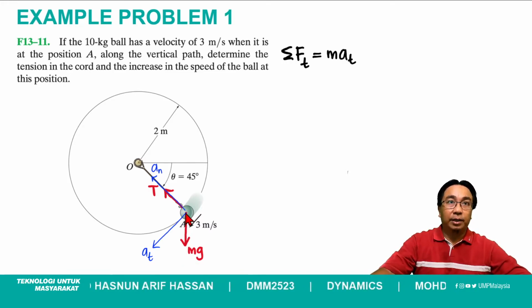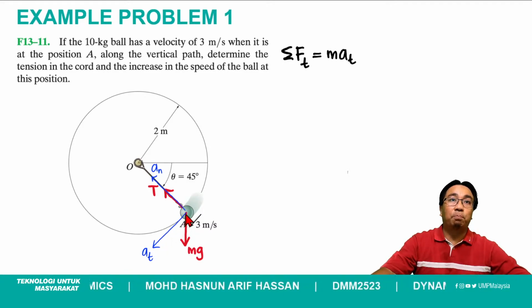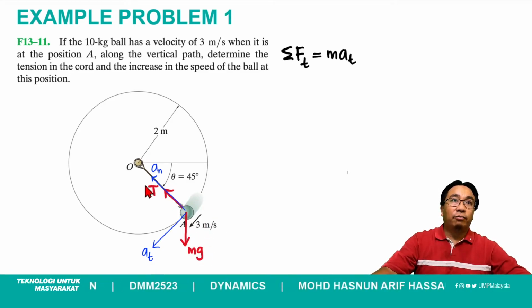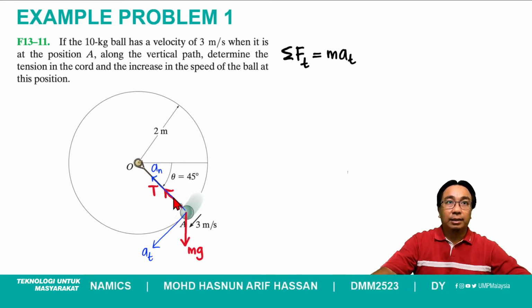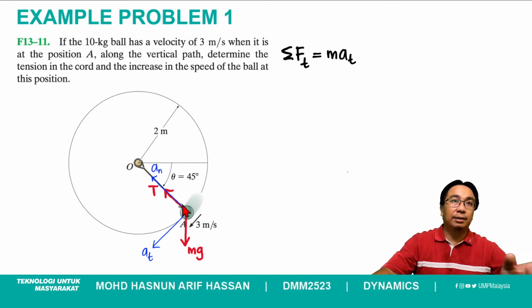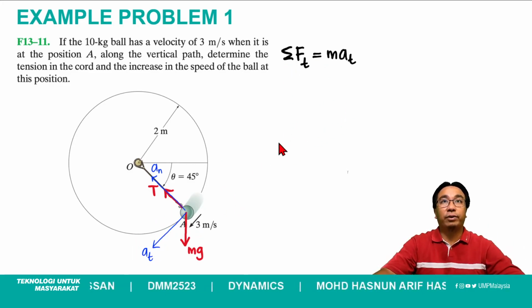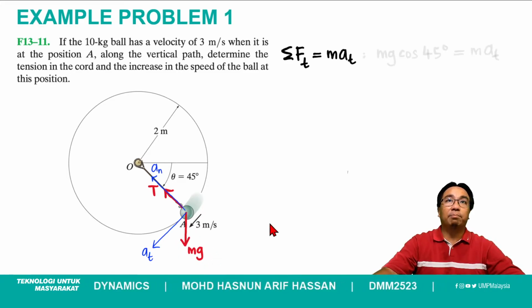It can be separated into components of the tangential as well as the normal axis for mg. For tension, it is acting only in the normal axis. So tension is not in the tangential axis. So what you have in the tangential axis is only the component of mg.